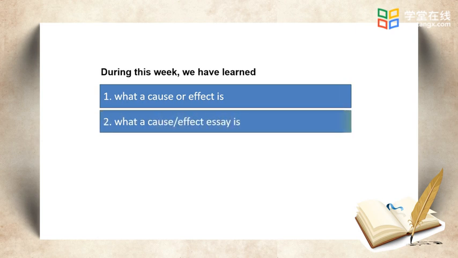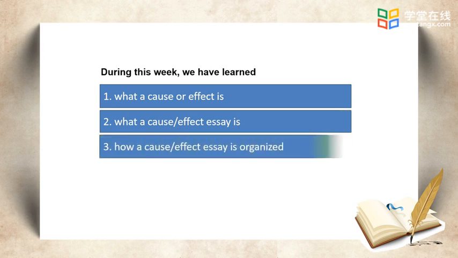Second, we've learned what a cause-effect essay is. A cause and effect essay is a piece of writing that mainly explains causes or effects or both causes and effects. Third, we've learned the organization pattern used for these essays. Cause and effect essays can be organized in two ways.